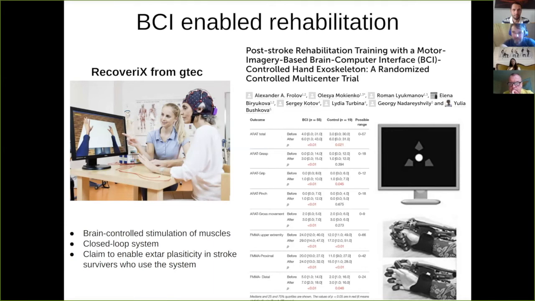When these two information flows meet in the brain, this causes extra plasticity that is utilized to restore brain function. This is for the upper limbs, and for the upper limbs this is more or less done, although there are clinical trials now that are trying to investigate the efficacy of brain-computer interfaces in this task.